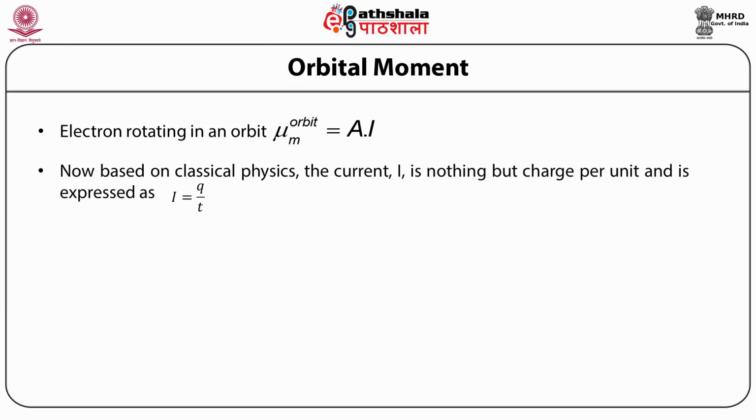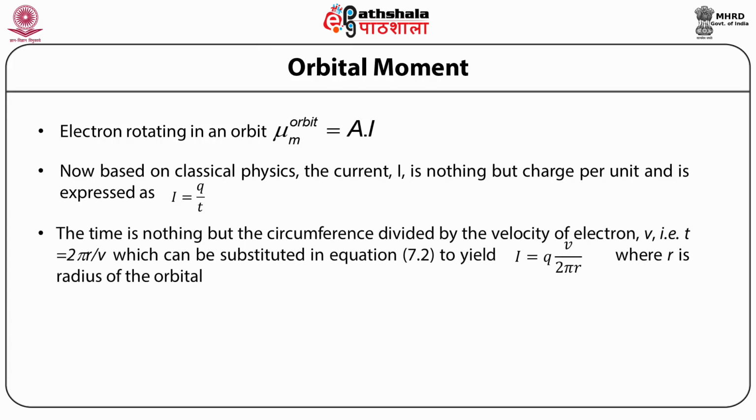Based on classical physics, the current I is nothing but the charge per unit time, and it is expressed as I is equal to Q by T. The time is nothing but the circumference divided by the velocity of an electron v, that is T is equal to 2 pi r by v, which is substituted in the equation for the current to yield I is equal to qv by 2 pi r.